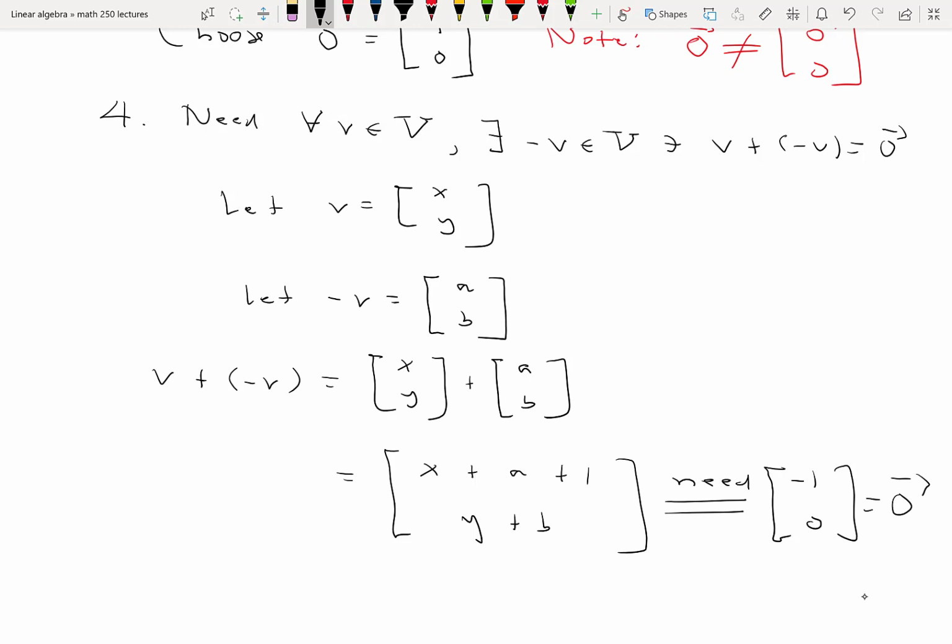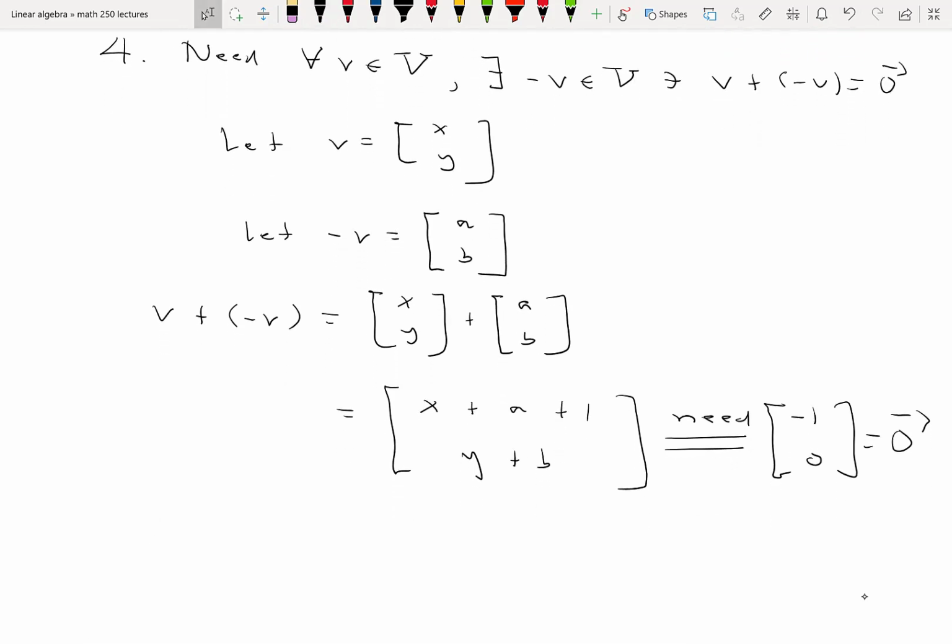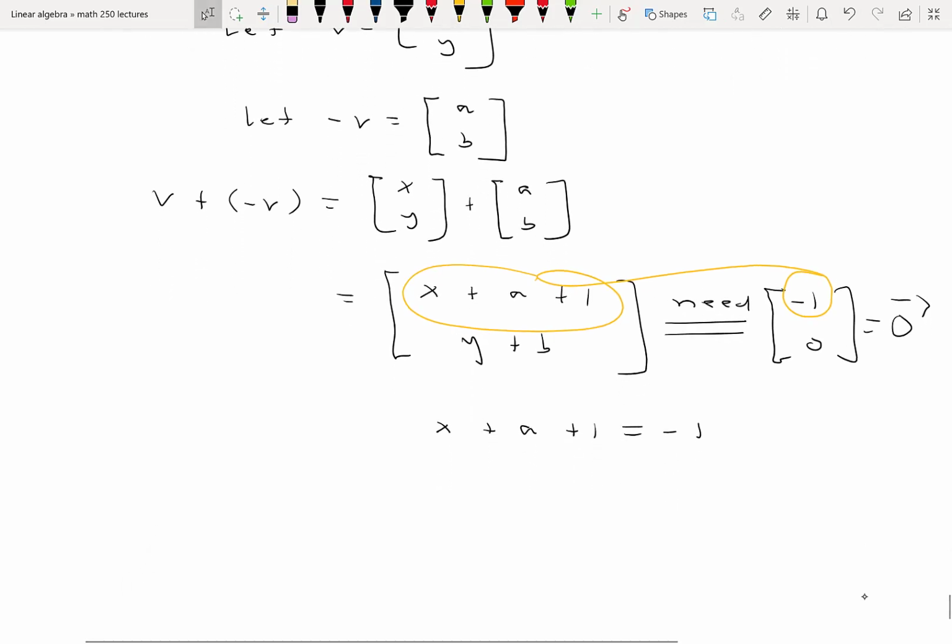So let's figure out what has to happen with a and b. I need x plus a plus 1 to equal -1. How come? Well, I have to have the corresponding first entries in this column vector equal to each other, and the second entries also have to equal.